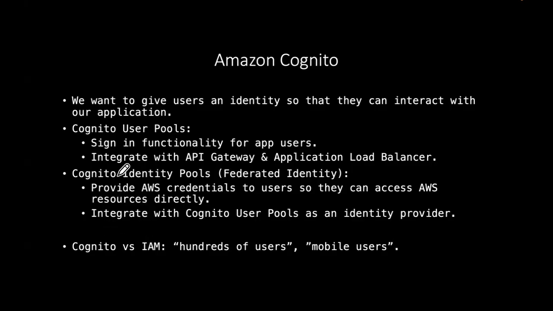Although, as I said, identity pools are about giving your typical users some AWS credentials as well. So it's not a straightforward divide between Cognito and IAM. They do overlap to a certain degree. Anyway, our focus is on Cognito.